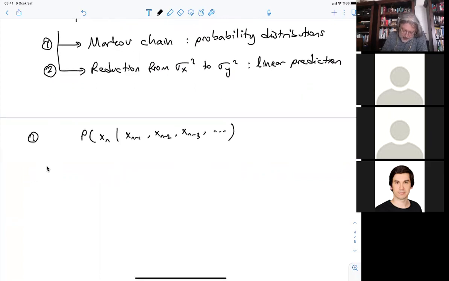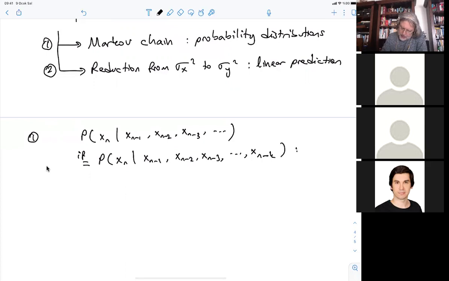If this is equal to, I will put an if here, if that one is equal to the probability mass function of x of n given a finite set, x of n minus 1, x of n minus 2, x of n minus 3, up to, let's say, x of n minus k, a finite past crop.